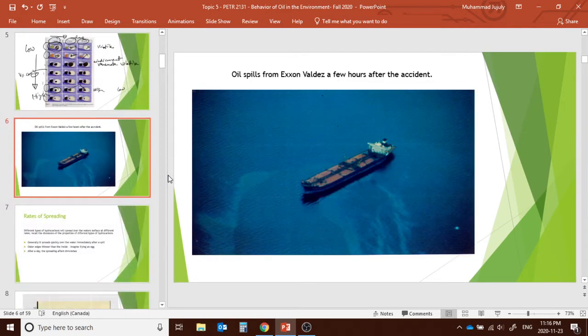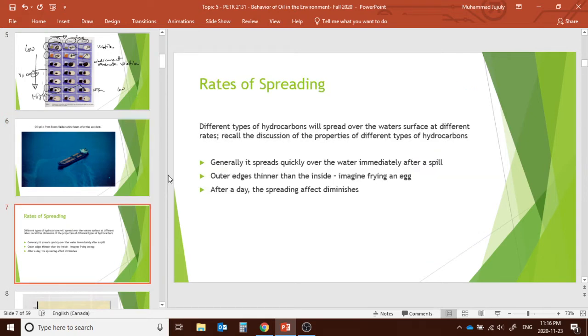Now, this is an illustration of how the oil spill from Exxon Valdez worked after a few hours. Rate of spreading. Different types of hydrocarbon will spread over the water surface at different rates.